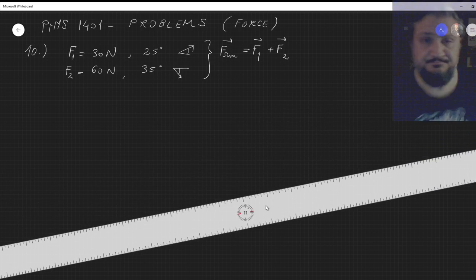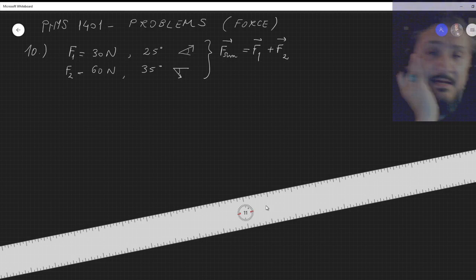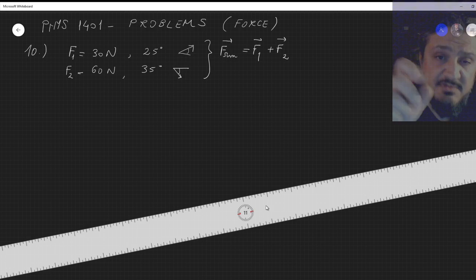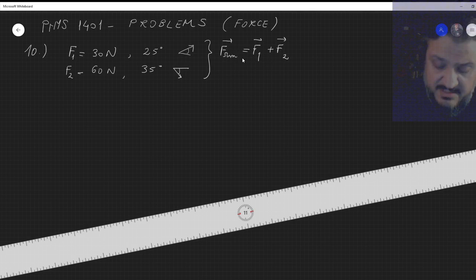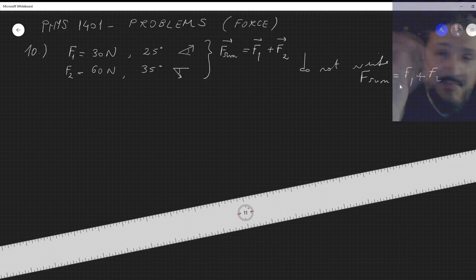Now first, the notation. As long as you keep the arrows on top of the vectors, here F1 and F2, you are allowed to write the sum like this. Please do not write it as F sum equals F1 plus F2, because if you drop the arrow, it means the magnitude.